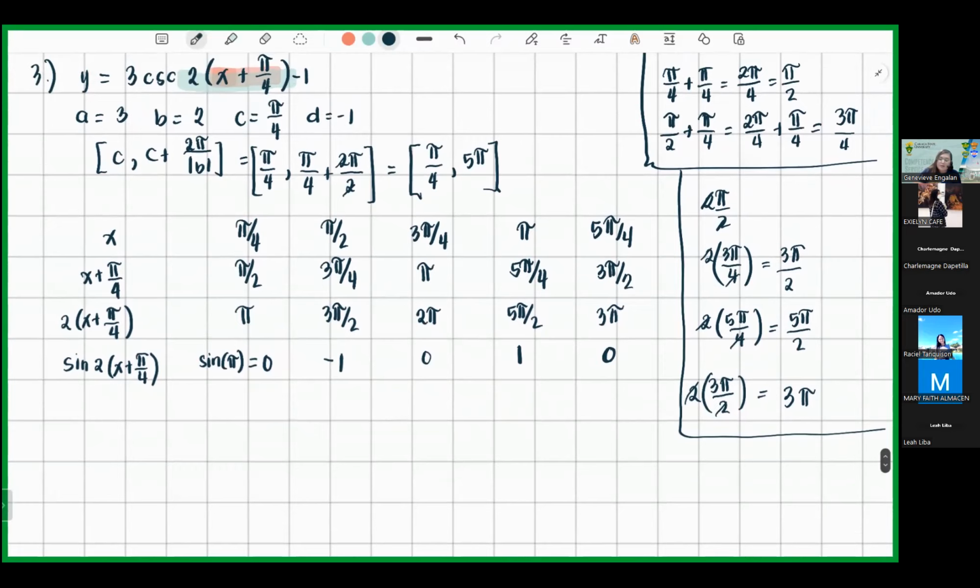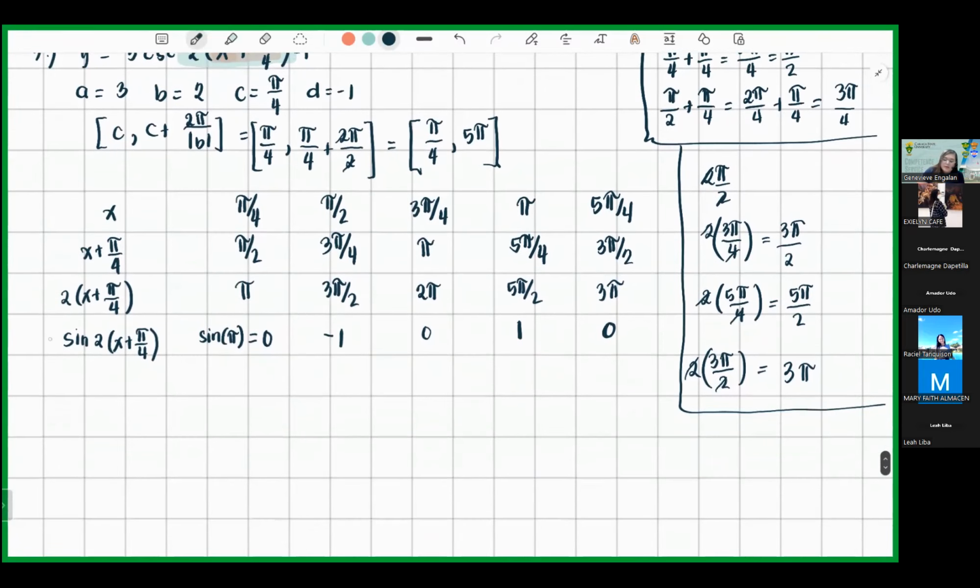Because this is cosecant, we take the reciprocal. Cosecant of 2x plus pi over 4.